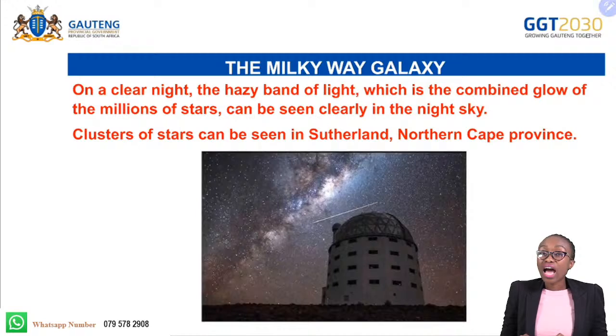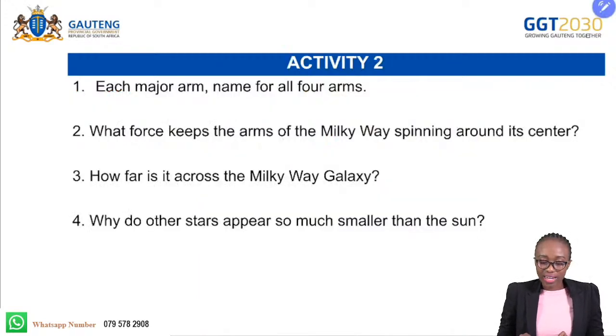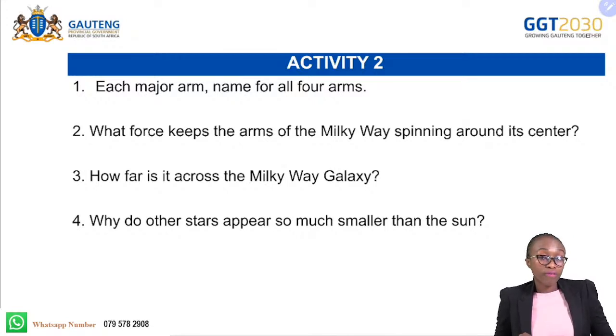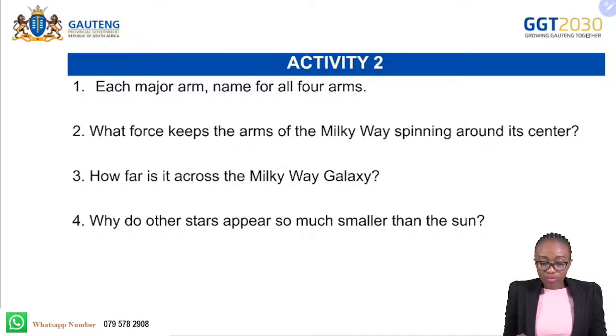Okay, now let's move on to another activity, which is activity 2. I'm going to give you the questions. There are 4 arms. Name all 4 major arms of the Milky Way. What force keeps the arms of the Milky Way spinning around its center?